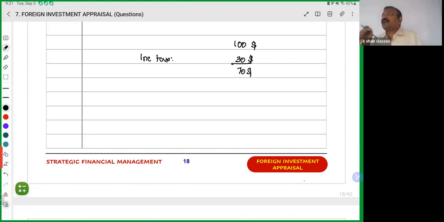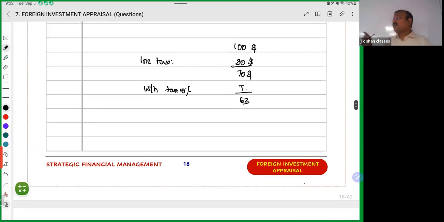But the moment the company tries to get that $70 into India, the US government will say we'll impose a withholding tax of 10%. Right? Now, therefore, it's very important to understand withholding tax is a tax on remittances. It is over and above income tax. And it is on remittances of income, not remittances of capital.